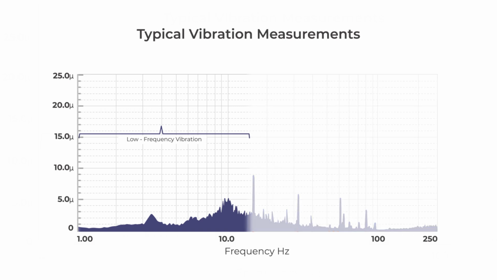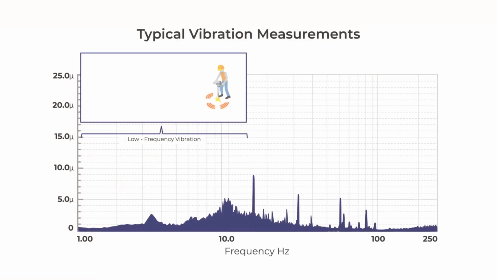So to start off, we're going to discuss how we look at the world in terms of what we call low frequency and high frequency vibration. Low frequency vibration is typically anything under 15 to 20 hertz, and it corresponds with excitations of soil resonances, structural resonances, or building resonances at your facility.